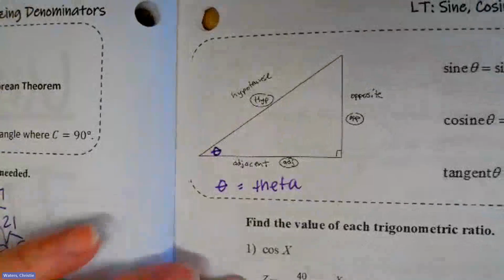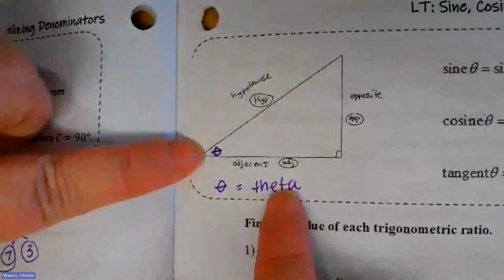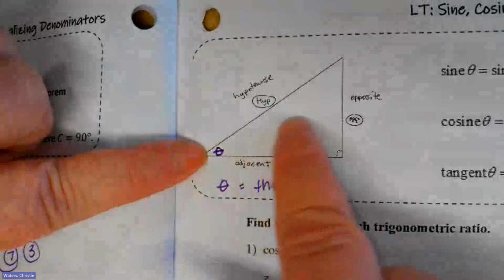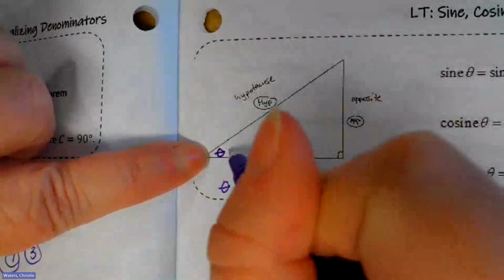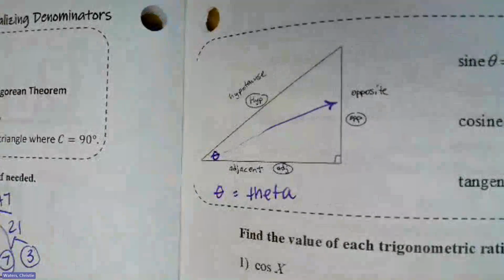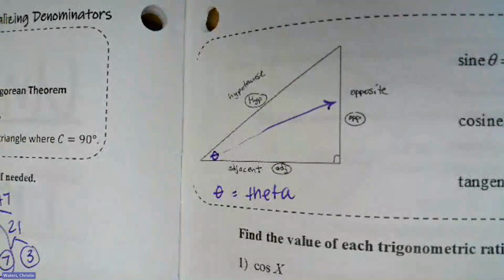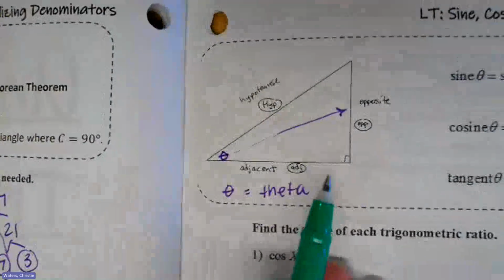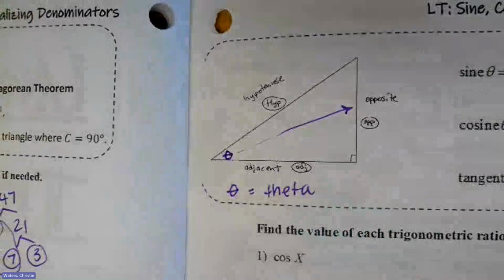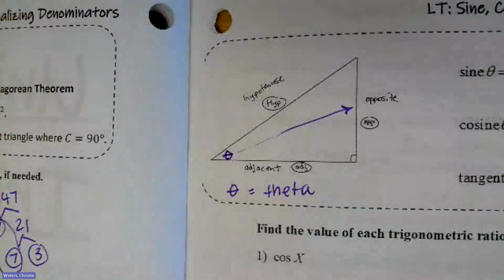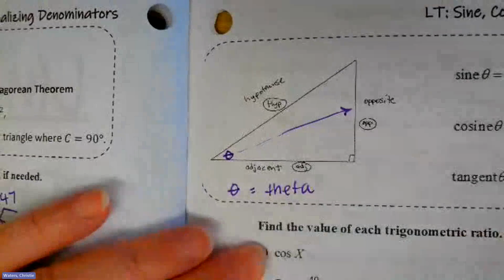Now, directly across from your angle, if you imagine you're standing here, the side you would be looking at is your opposite side. So across from theta is your opposite side. Now, you're also going to have a right angle on every triangle. So if you can identify your right angle, then you can find your hypotenuse.